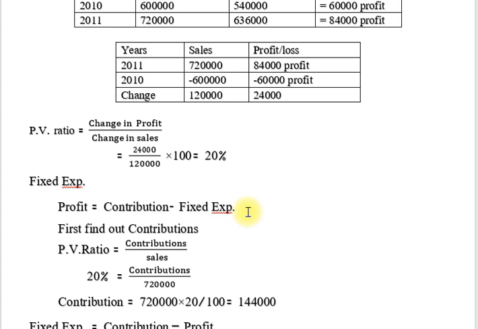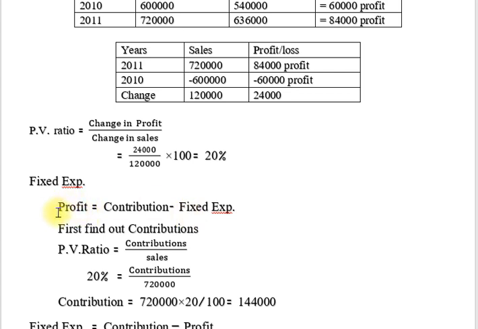So we use another equation and first find out our contribution, because we have no detail about profit for both 2011 and 2010. First we find out our contribution and then find out our fixed expense, because two pieces of information are necessary to find any one missing.